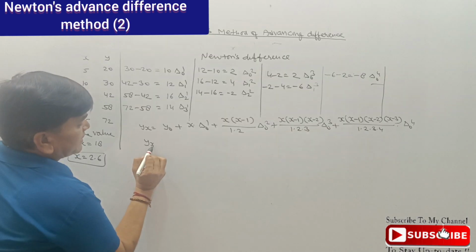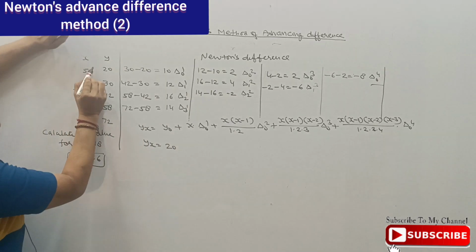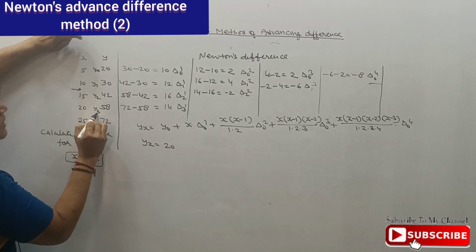So yx: the y0 value is 20, because here we say this is y0, this is y1, y2, y3, y4.